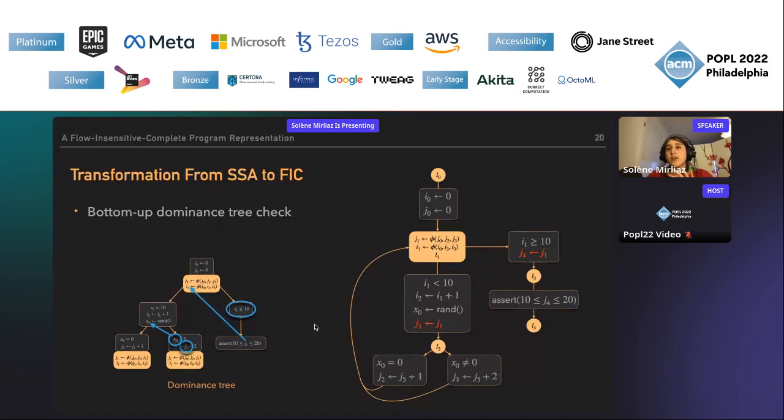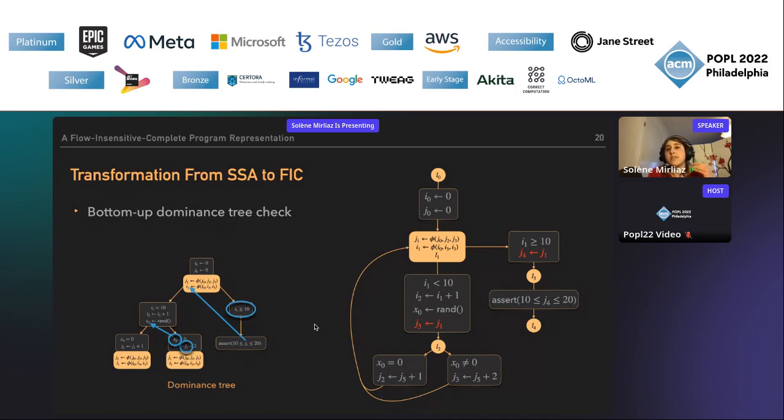So you can also have an idea of the complexity of this transformation with this example, because I need to do this check for all the variables for each block. And in the worst case, I need to go up the whole dominance tree.